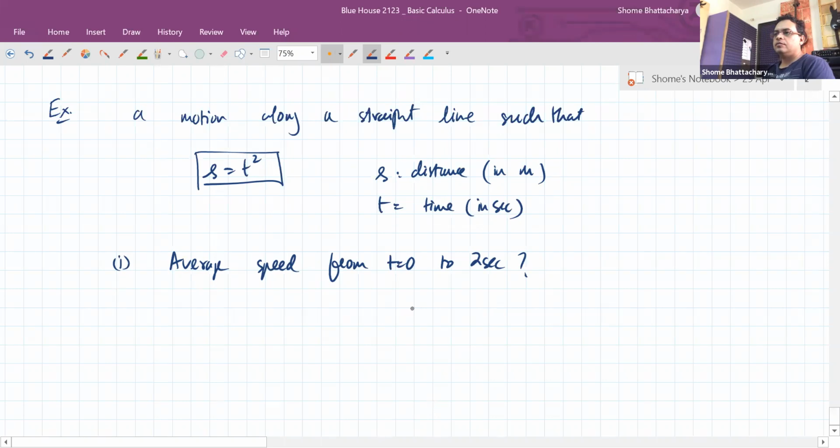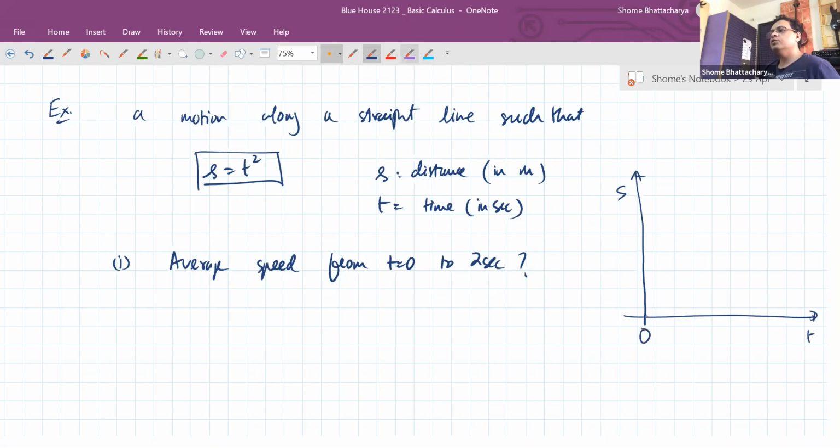Two meters per second. Sorry, come again. How much? 2 meters per second. Yeah, correct. That's 2 meters per second. Because if we think of the graph of this, we don't need to draw the graph, but just for visualization purpose, the distance versus time graph will be curving like this because it's t square. In 1 second, it has covered a distance of 1 meter.